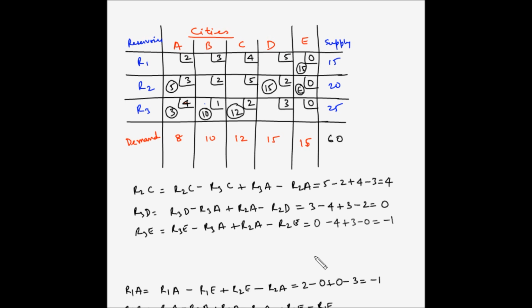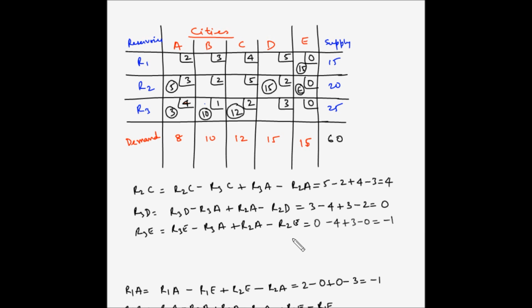Now after finding the net cost change values for all the water squares, the next step is to evaluate the solution for optimality by observing the sign of the net cost change. If any of the net cost change values has a negative sign, then that means that a cost reduction can be made by making allocation to that water square.